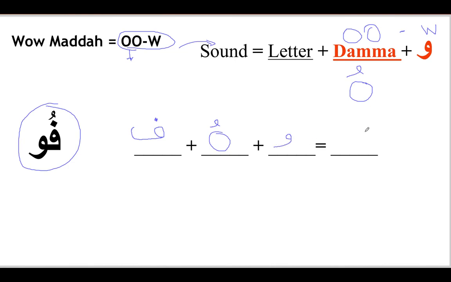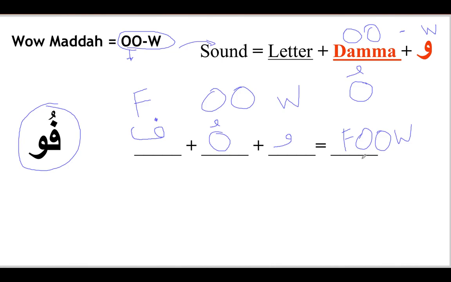So now we're going to have this as a result in written form. But what sound does the letter fa make? It makes the F sound, right? The dhamma makes the U sound, and the letter waw makes the W sound. So putting these English letters together, you have F, O, O, W. It's going to make a foo sound, right?